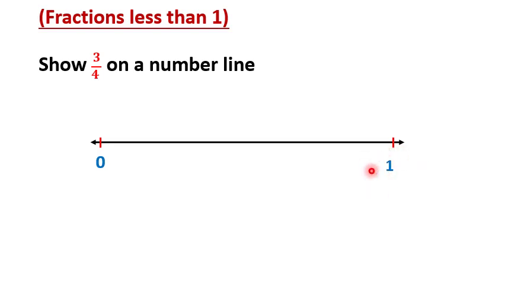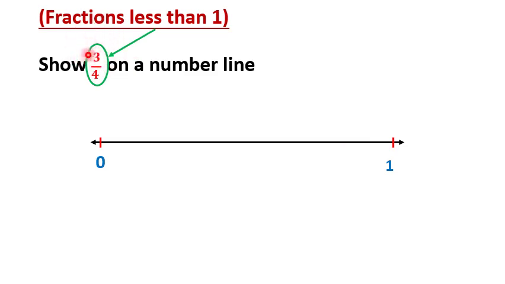For that, you have to look at your denominator. You have to look at the fraction given in the question. You will look for your denominator and you will divide your number line equal to your denominator. Now I have to divide my number line into 4 equal parts because my denominator is 4.